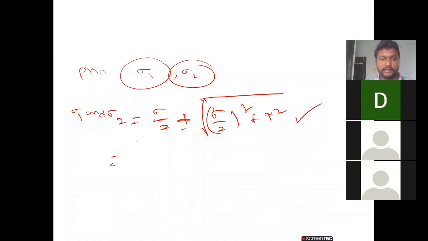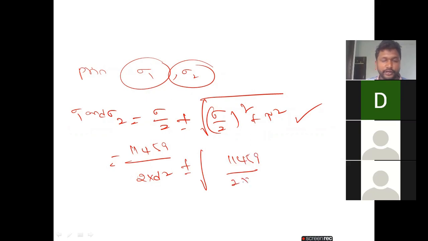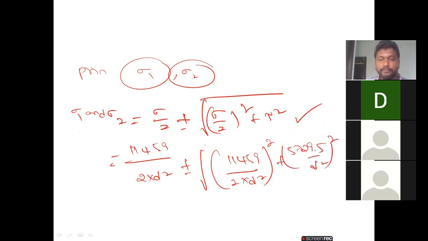I am substituting: 11,459 by 2 into d square, plus or minus the square root of (11,459 by 2 into d square) whole square plus tau value (5729.5 by d square) whole square.